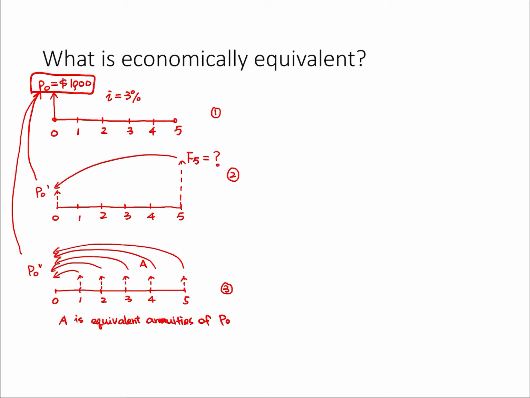Okay, so for P0, for a present value, you can find its future equivalent. You can also find its annuity equivalent.